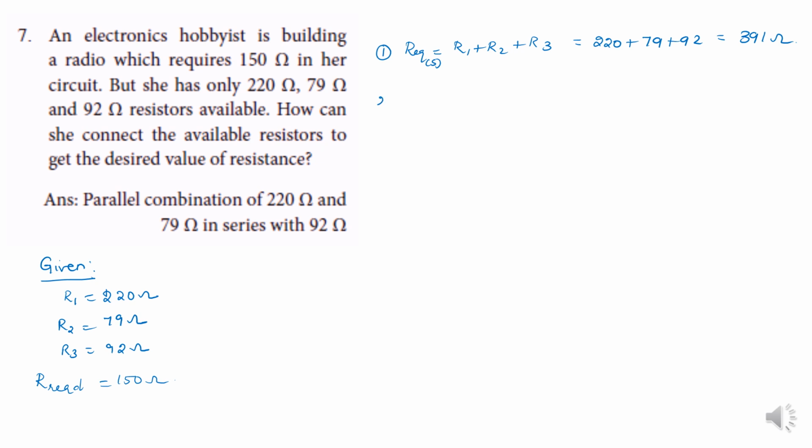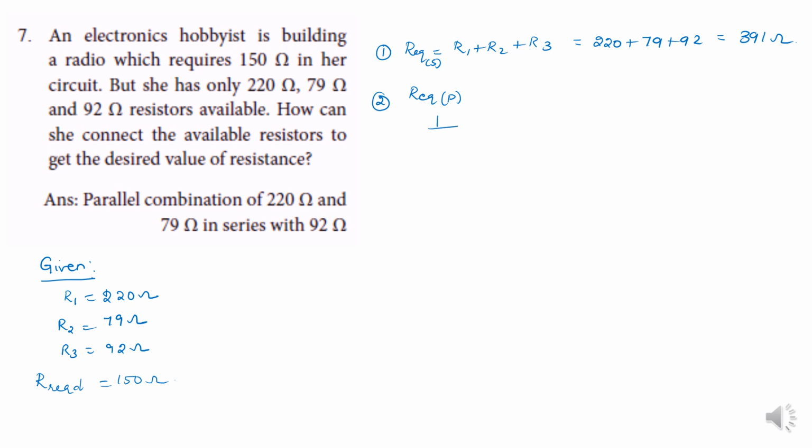Then you try connecting all the resistances in parallel, okay. So we know that when the resistances are connected in parallel, the equivalent resistance is smaller than the smallest of the individual resistances. The smallest of the individual resistance is 79. So the equivalent resistance is going to be less than 79, which is also not the required value, okay. But let us try.